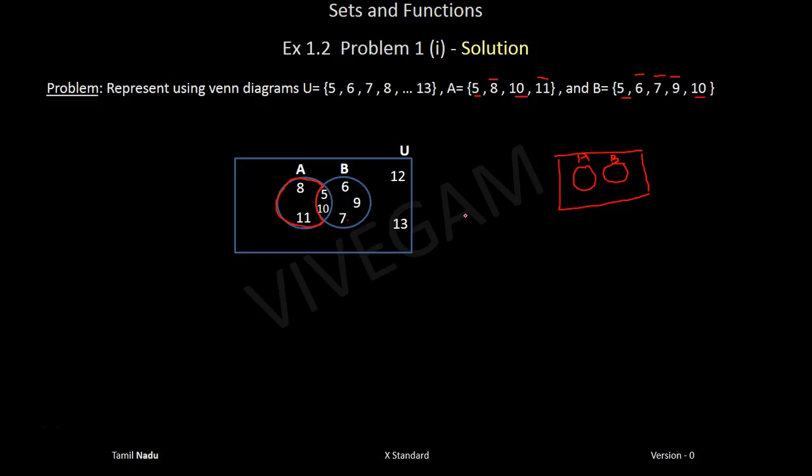So, key: first find out whether you have common elements. If you don't have common elements, put two non-intersecting circles and follow the same procedure. If you have intersecting elements, you will have to first fill the intersecting elements, and only then go to the other areas. Okay, so I hope it's clear. Thanks for watching this video.